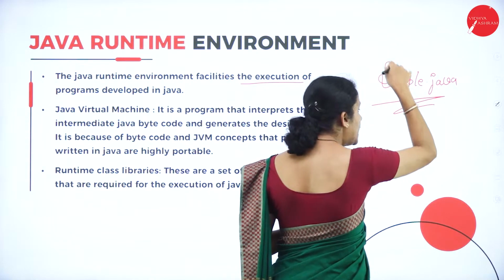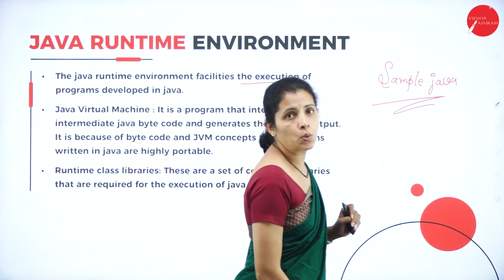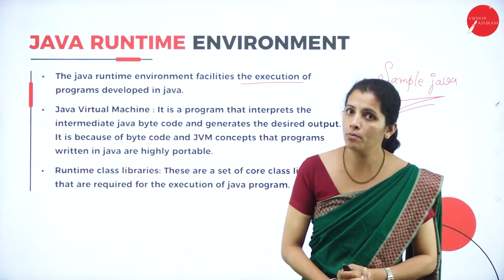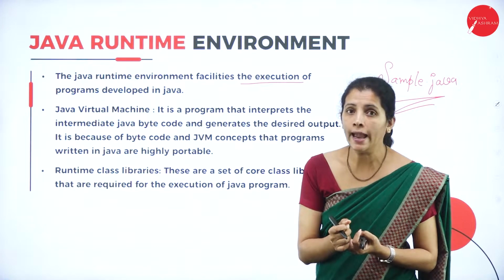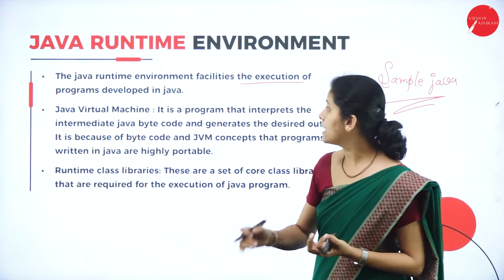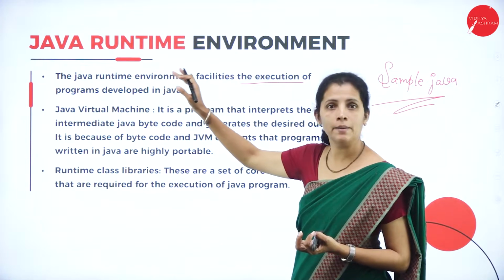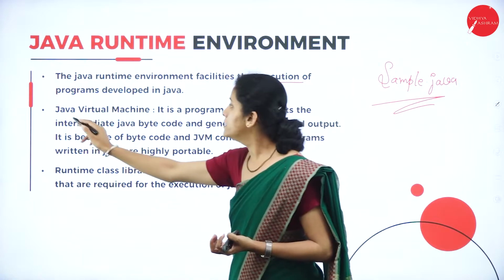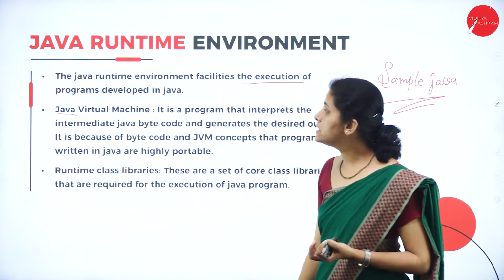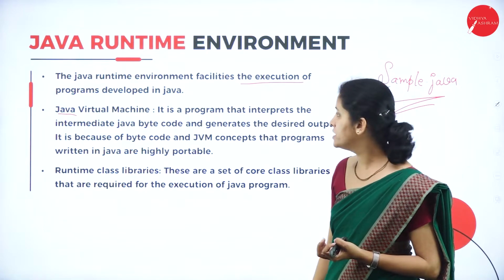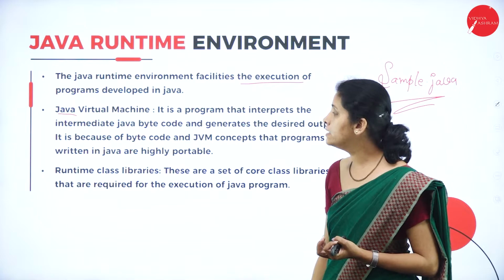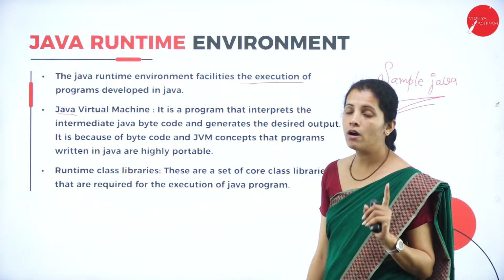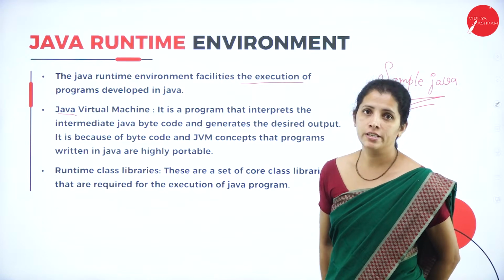Now to run this program, I require some platform or environment. And where am I going to get the environment? That is under the Java Runtime Environment. Then here I have the Java Virtual Machine.